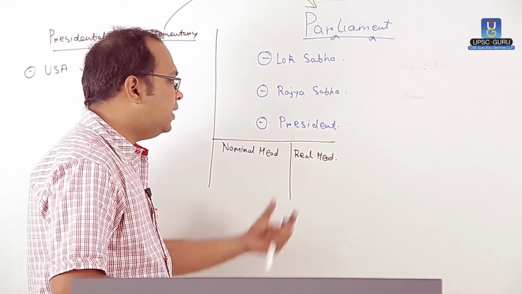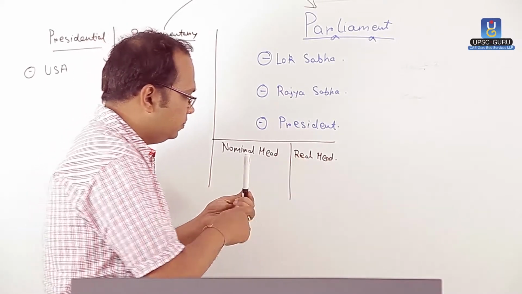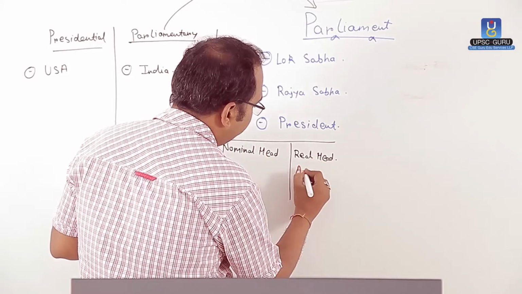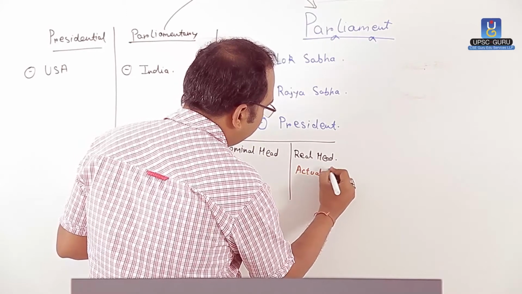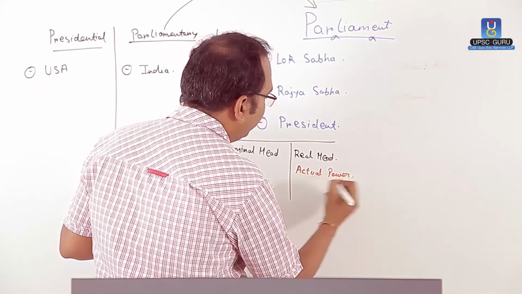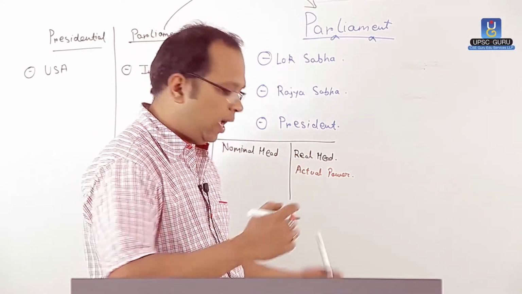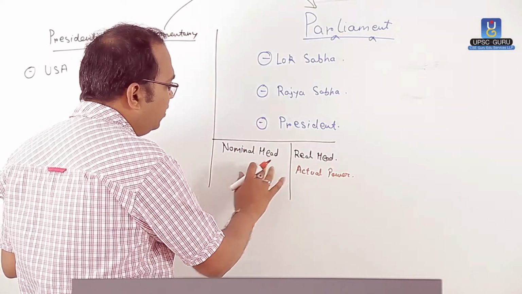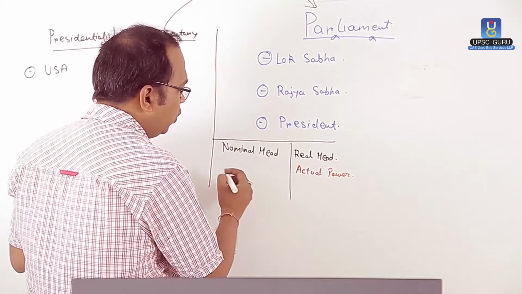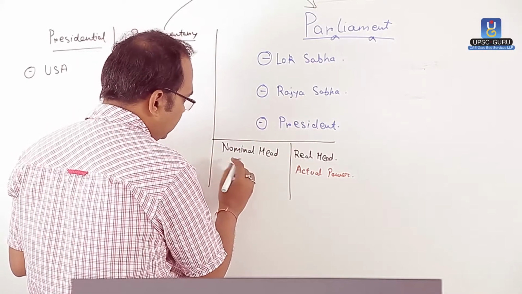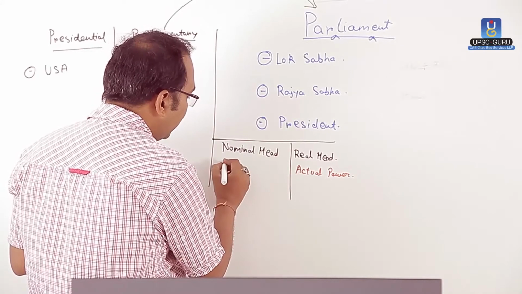See, the real head has actual power. A person is the real head if he has actual power, okay. And the nominal head is the head who has only a rubber stamp.